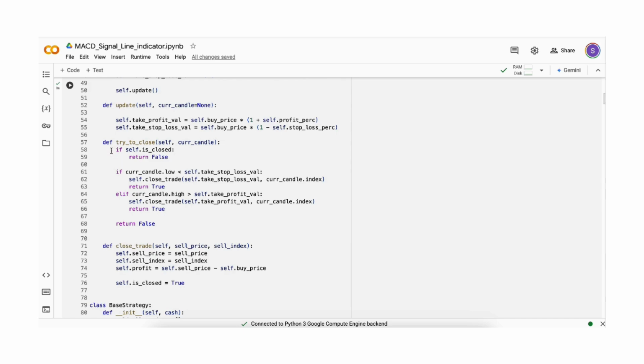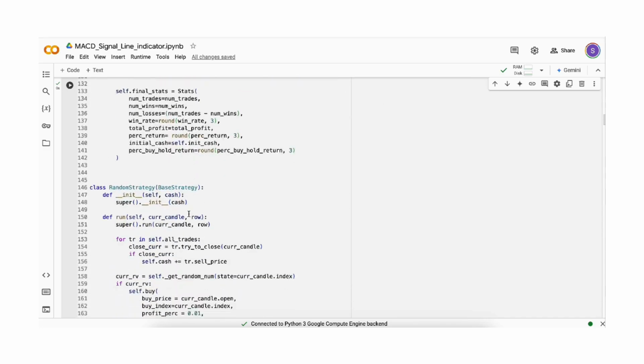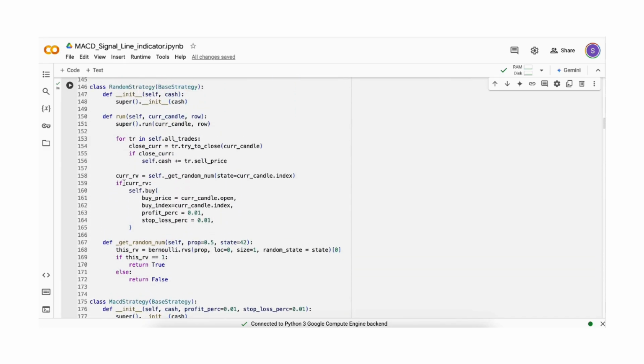Yeah, so we always try to close a trade if the current candle value is less than the stop loss value, or if it's larger than the take profit value. So that is always our exit condition. And each strategy differs on what its entry condition is. For a random strategy, the entry condition is if a random variable is 1, then we buy if we have enough money.